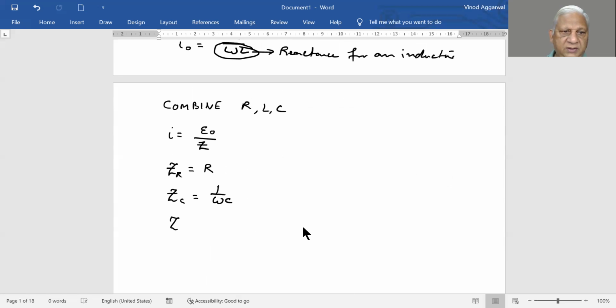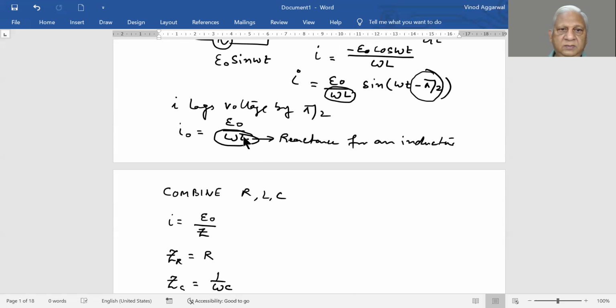So Z for an inductor is how much? This much.